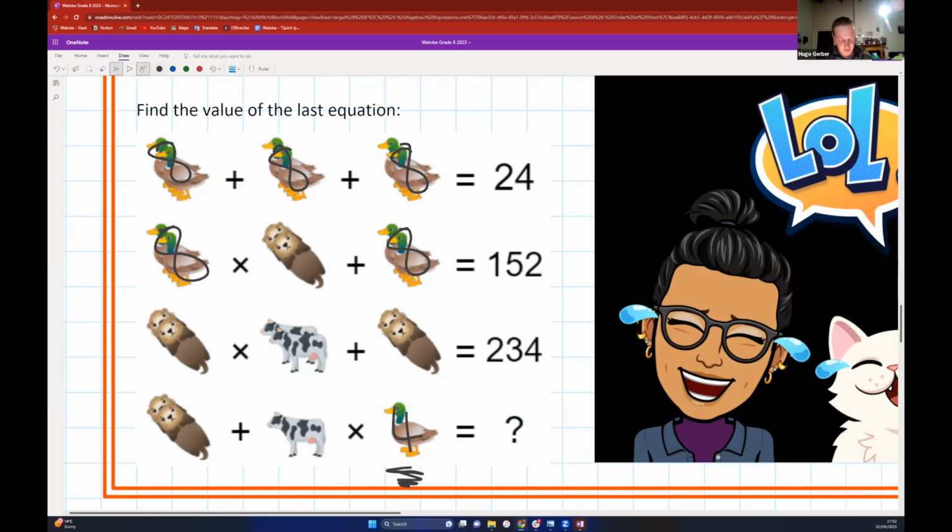Now we have two ducks multiplied by an otter plus 8 to give us 152. Guys, any guesses for the otters, please?